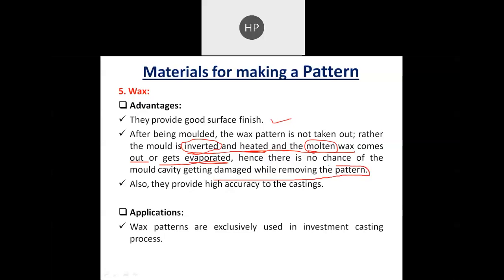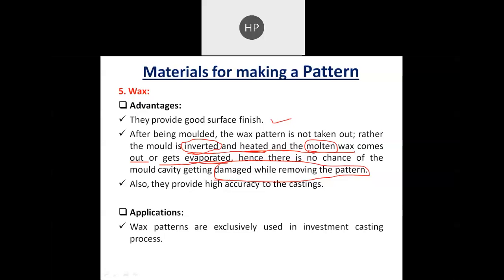Okay, so this is one good advantage. In all the other previous cases, like wood, metal, plastic, or plaster, in all these four cases we fix the pattern inside the sand, and then we remove it.